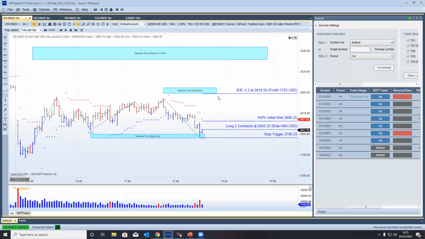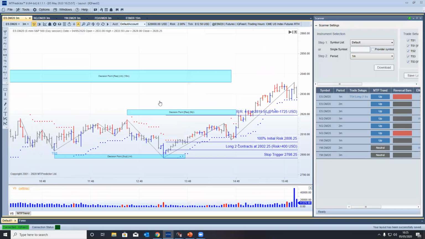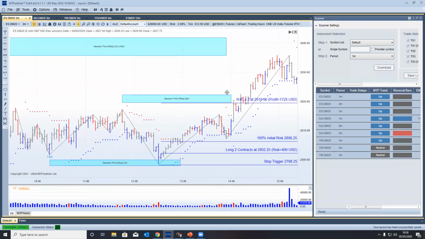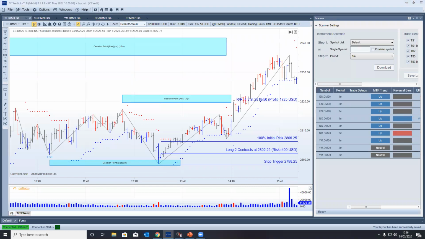So in that kind of circumstance, you can then use your own experience to build one of your own trade setups in and around that. So that's just a tip for the more experienced among you.